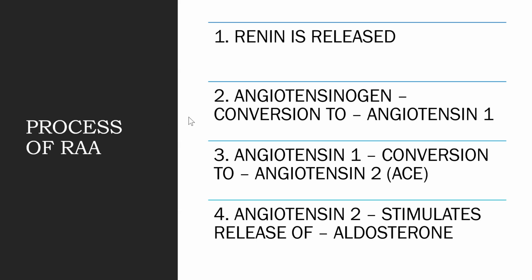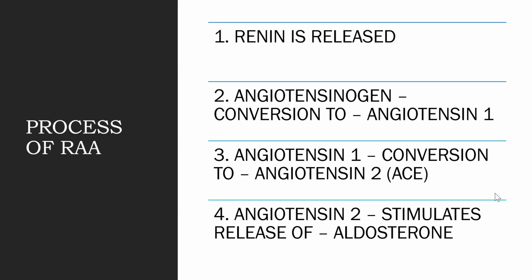When renin gets released, it is going to go over to stimulate the release of angiotensinogen. When it does this, renin converts angiotensinogen to angiotensin 1. Now, angiotensin 1 is still an inactive form. It can't do anything. It still needs to be converted as well. How angiotensin 1 gets converted is by the angiotensin converting enzyme, ACE, that's found in the lungs.